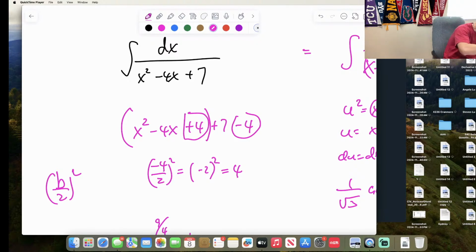I skip the page so I have space. Complete the square.